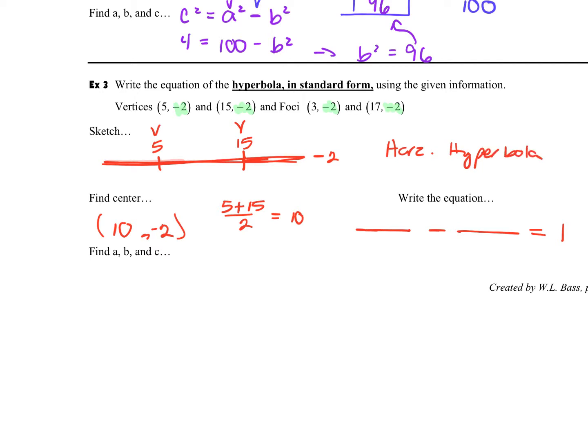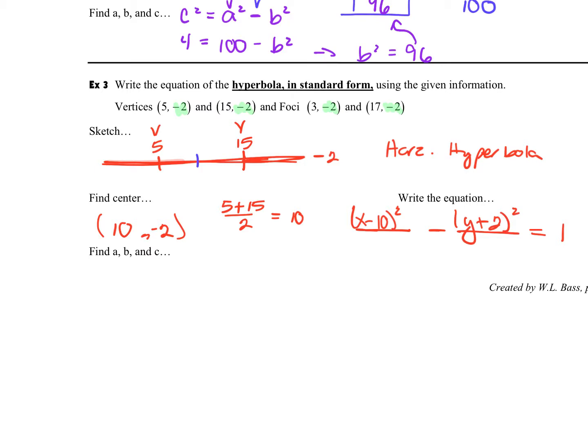If these had been oriented like our last example, where the values were oriented up and down, then we would put the y value first. But this one is horizontal, so we can just drop these in like normal. So x minus 10 squared, y plus 2 squared. So we've got that first amount.